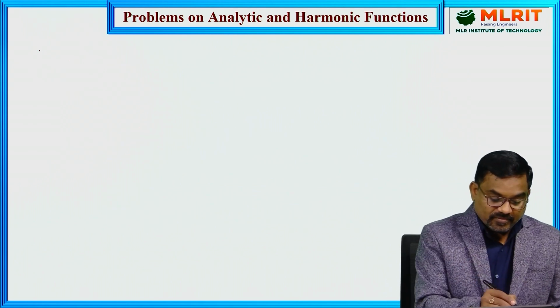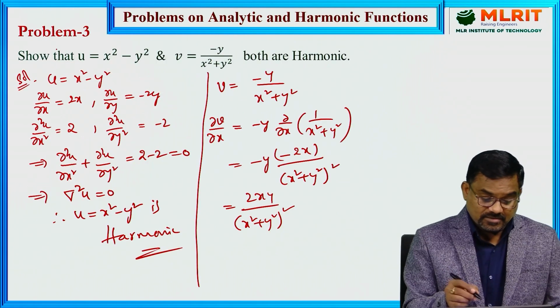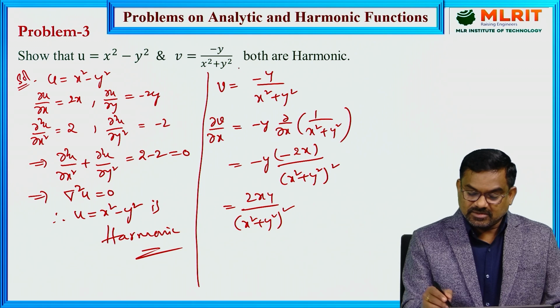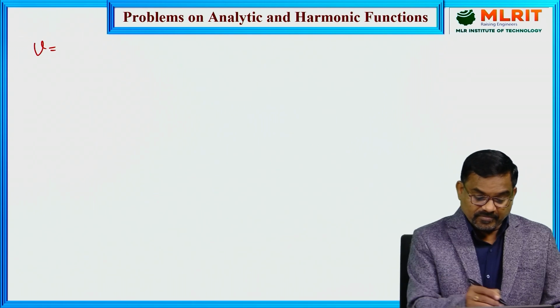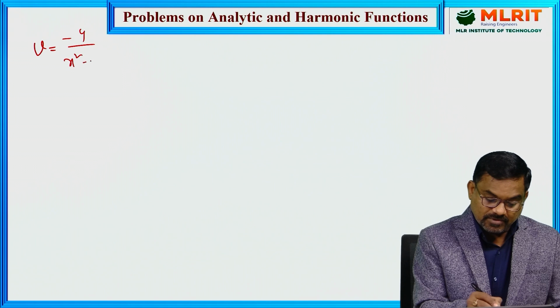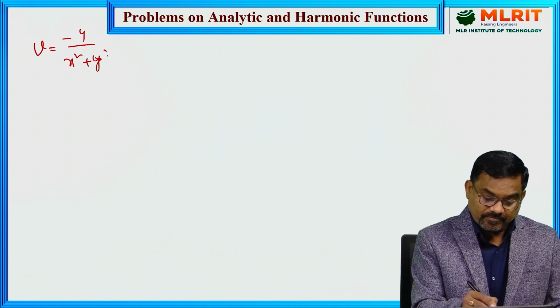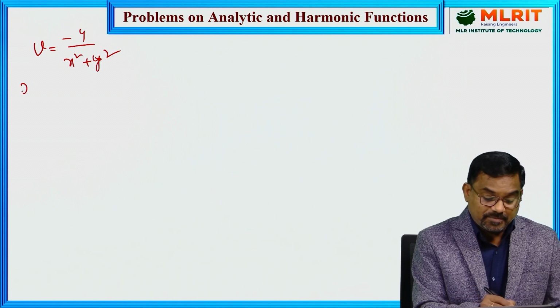Now we have v is minus y by x square plus y square. Let us differentiate with respect to y now.